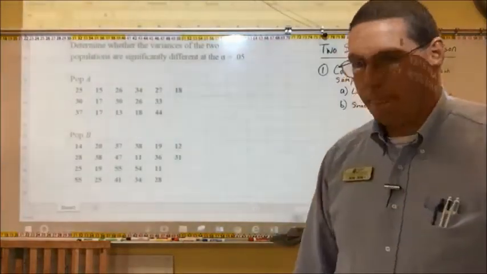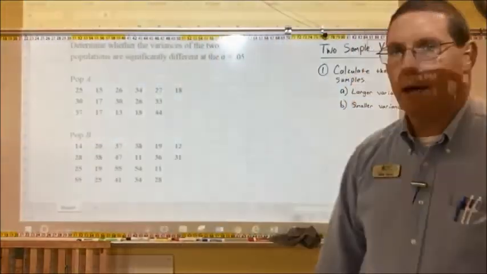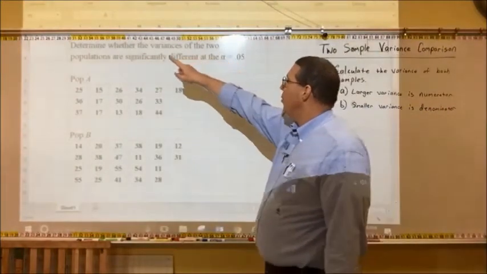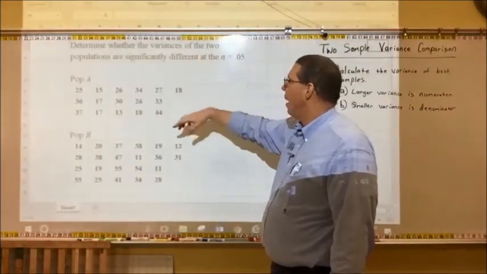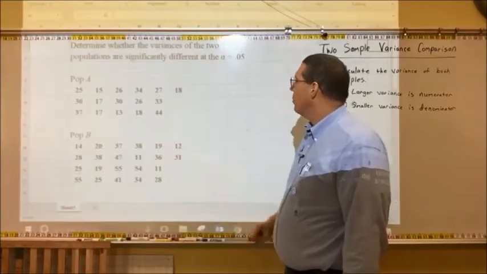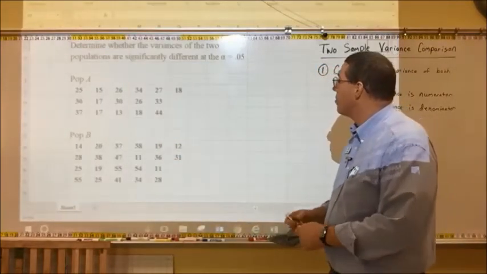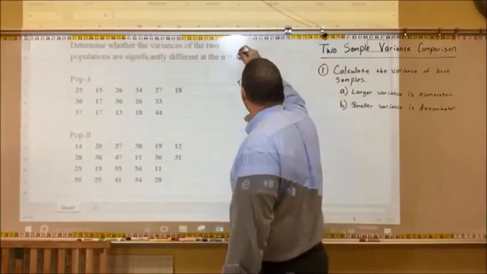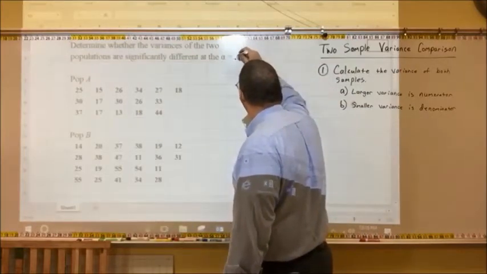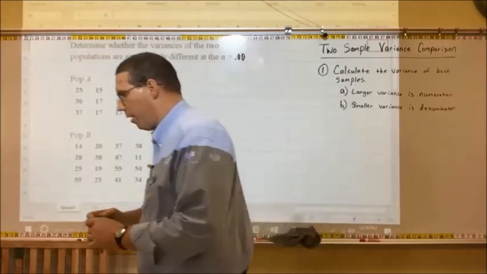There we go. All right, so hopefully you can see this okay. It says, determine whether the variances of the 2 populations are significantly different, whoops, this is supposed to say, at the alpha equals 0.10. So I'm going to go change that right now.